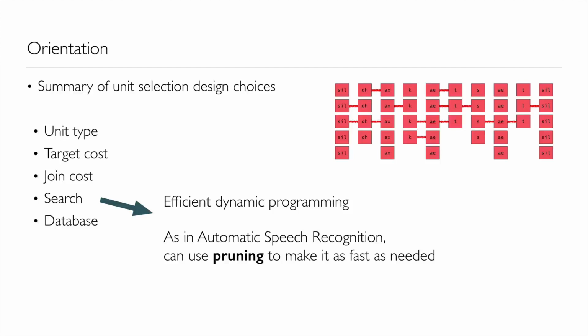It's therefore normal to do some pruning, again, just as in automatic speech recognition. There are many forms of pruning, but the two most common would be firstly to limit the number of candidates for any target position. So that will be based only on target cost. It will be computed locally, and we just keep a few hundred candidates perhaps for each position, the ones with the lowest target cost.